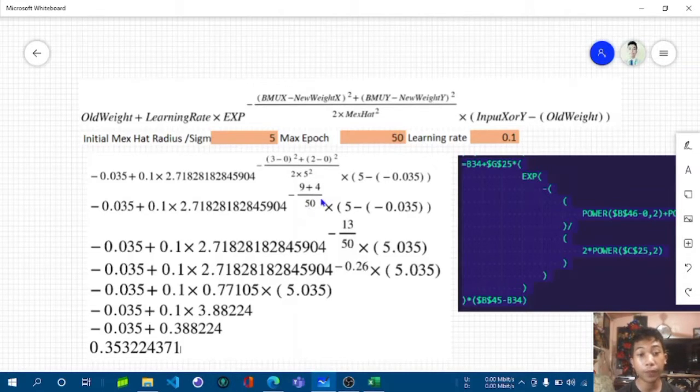So 9 plus 4 divided by 50 would become 13 divided by 50. Then when we divide it, negative 0.26.